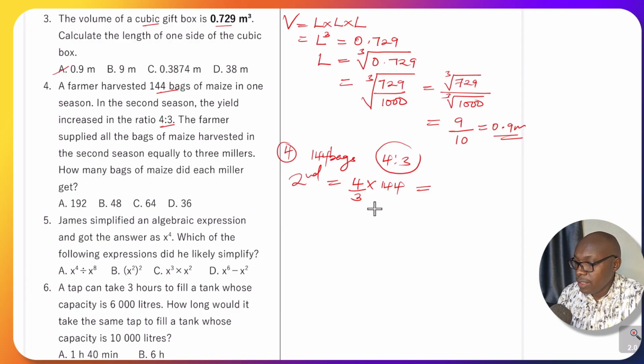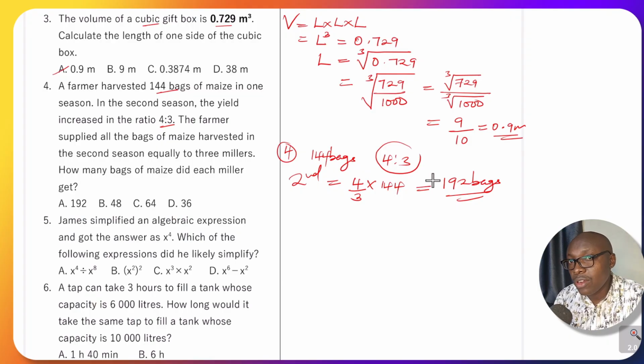So this is 144 multiplied by 4, and then you divide by 3. This will give 192 bags. So that is how you increase 144 bags in the ratio 4:3. After that, we now have the new number of bags, which is 192.